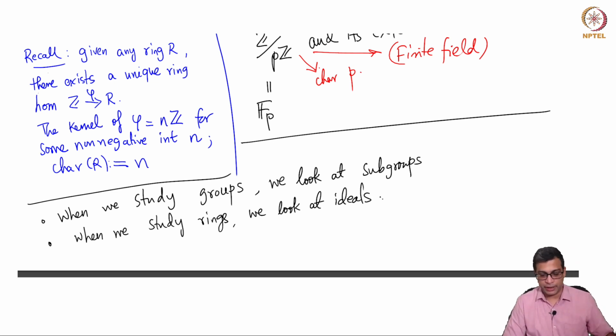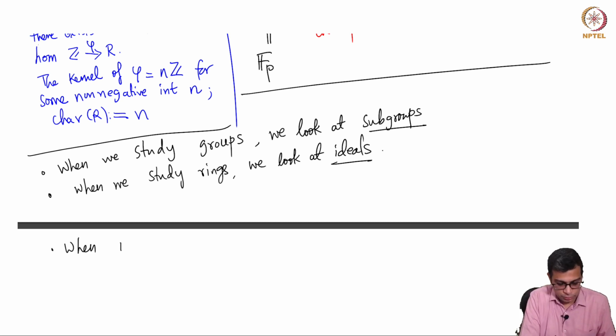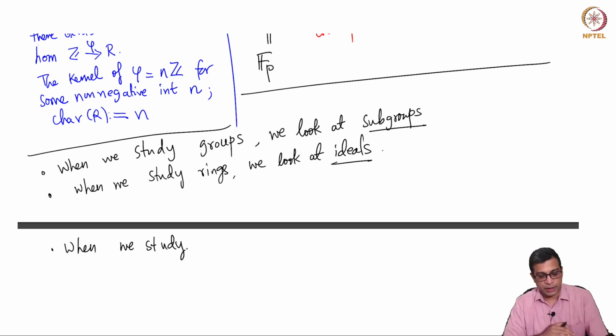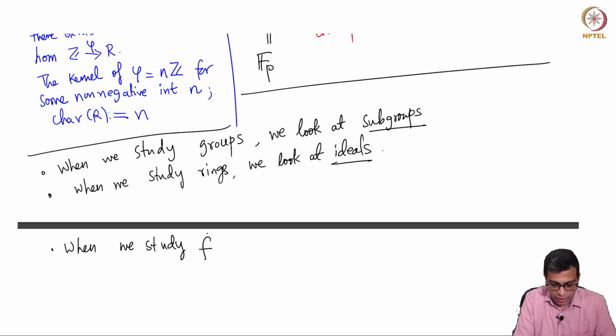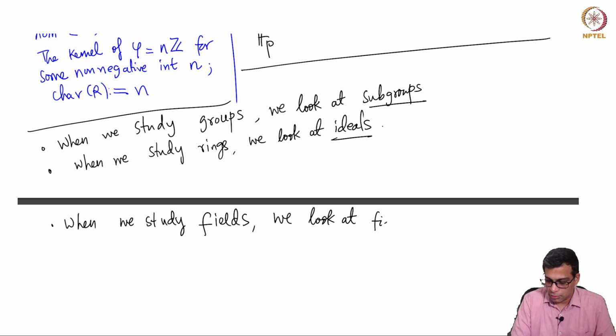And when we study fields, we also look at subfields, but unlike in the group case, where the ambient group is the most important one, here we study field extensions. So both the bigger field and the smaller field have equal importance. So we look at field extensions.